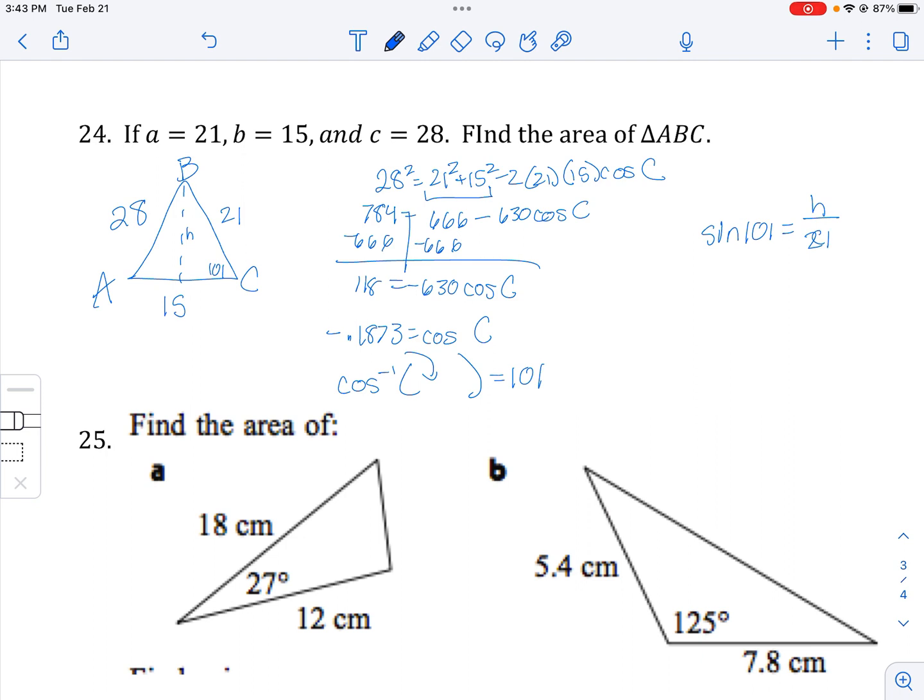So let's see, 21 times the sine of 101. So we get 20.6. So we have 15 times our height of 20.6 divided by 2. All right, let's see. So 15 times 20.6 divided by 2. We have 154.5.